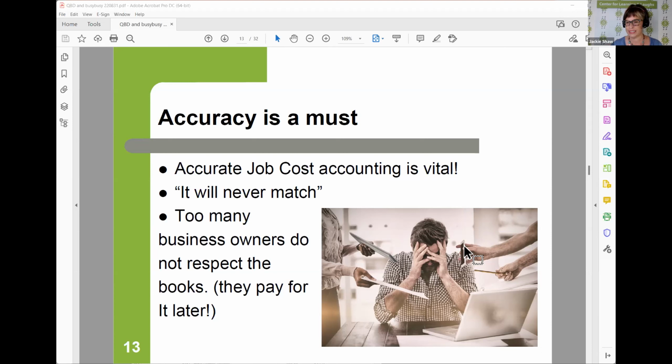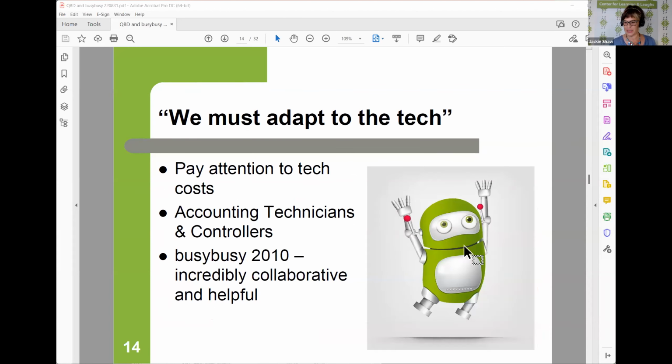And that was a really scary statement to me because it should match, and I'm going to explain why. If you have a bookkeeper or a support person that's helping you with the accounting and they make statements like, oh, well, this will never match, that's not the right answer. The right answer is we're going to make it match because it should. And that P&L versus P&L by job, you'll see as we go through this.